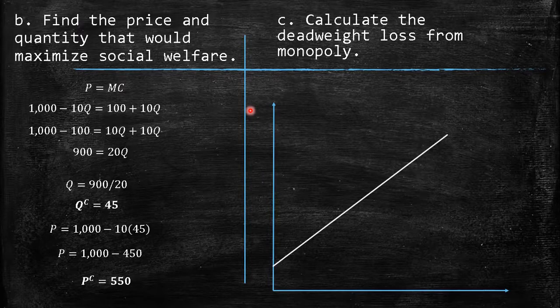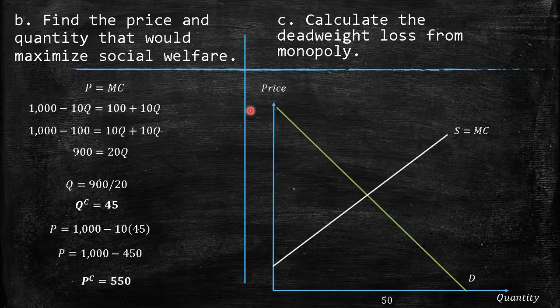So I built the graph. Here we have the supply, kind of the marginal cost, and here we have the demand. This one is 100, because remember, marginal cost when Q is 0 should be 100, and this is kind of the slope, approximately.